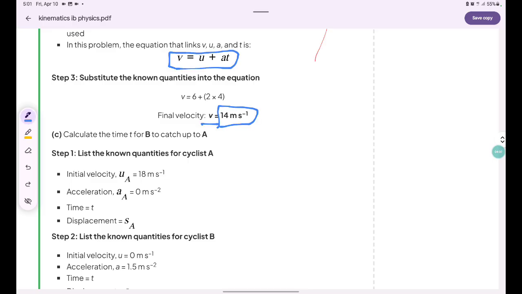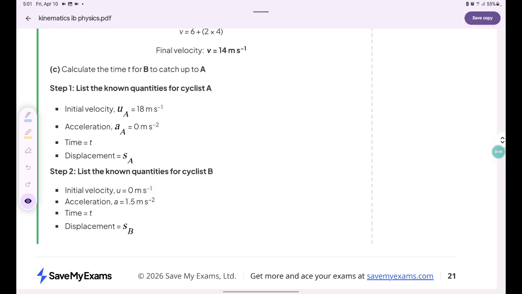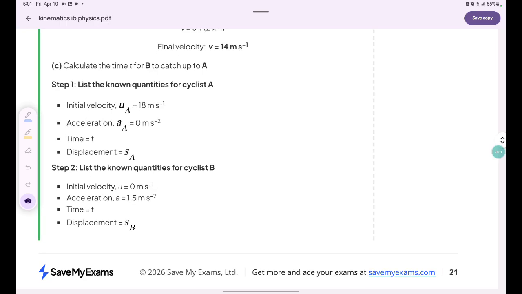For cyclist B, we are going to list the known quantities: initial velocity 0 meters per second, acceleration 1.5 meters per second squared, time T, displacement SB.